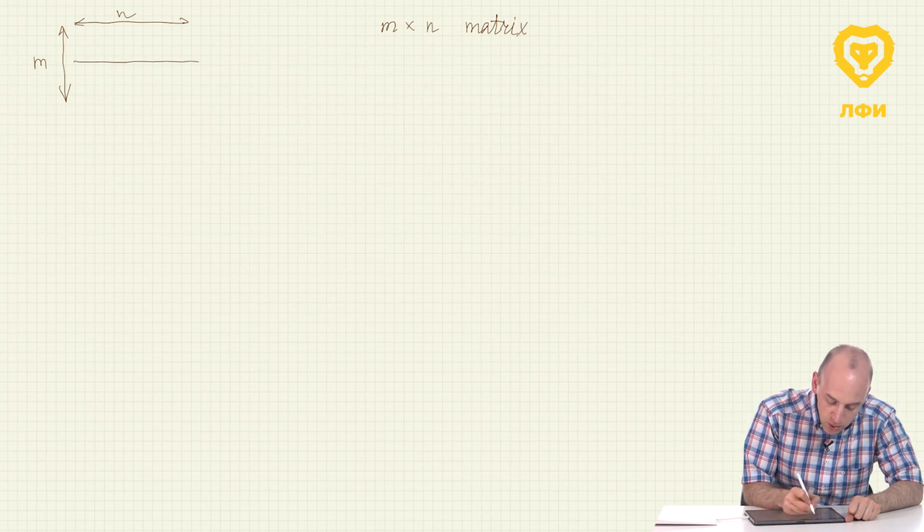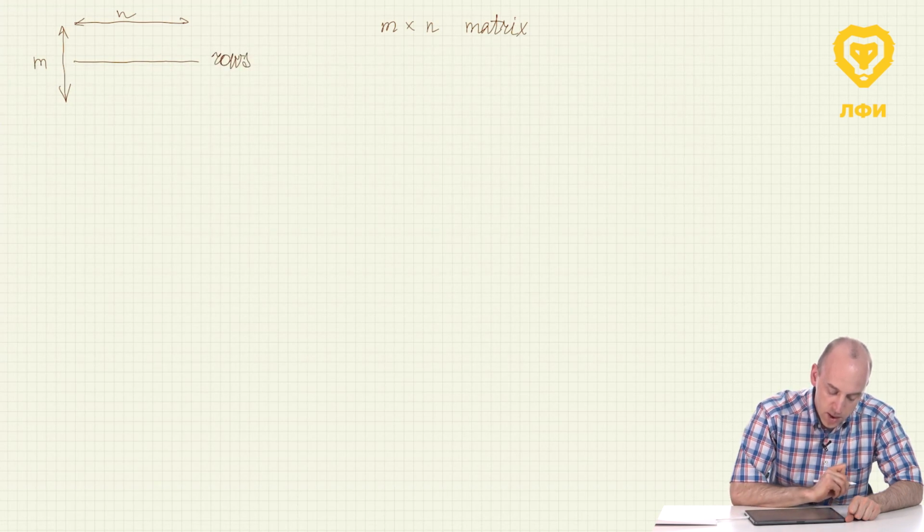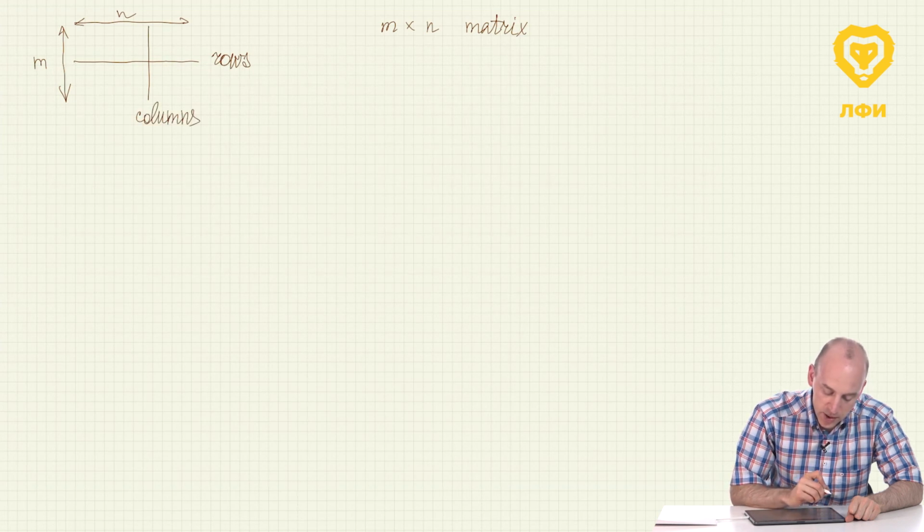These are called rows, so the horizontal ones, and the vertical arrays of numbers are called columns. So in an m by n matrix there are m rows and n columns.